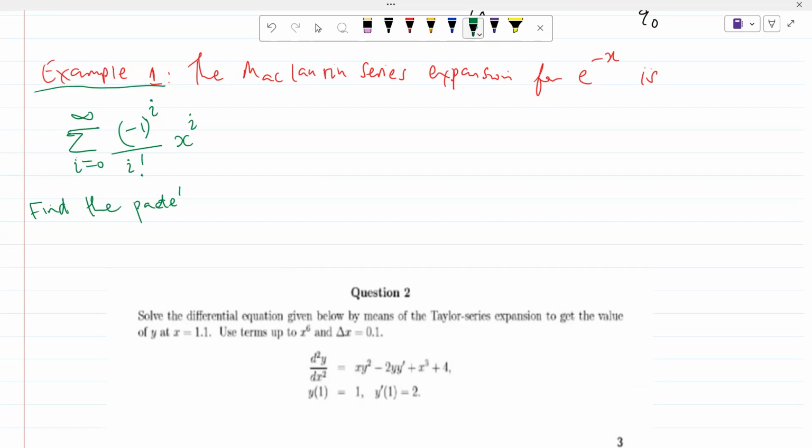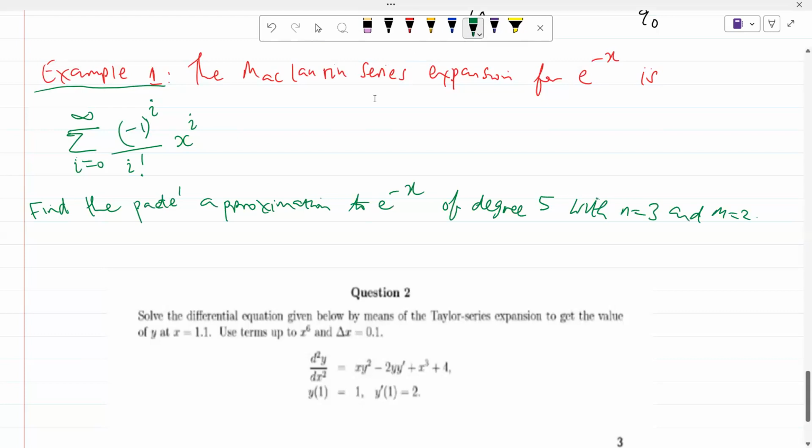First, we start with a question, for example: find a Pade approximation to e to the power minus x of degree 5 with n equals 3 and m equals 2. Okay, let's look at the solution to this.